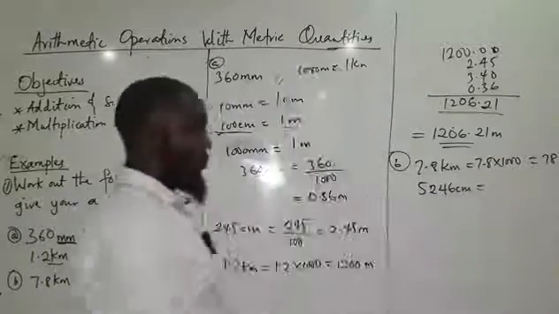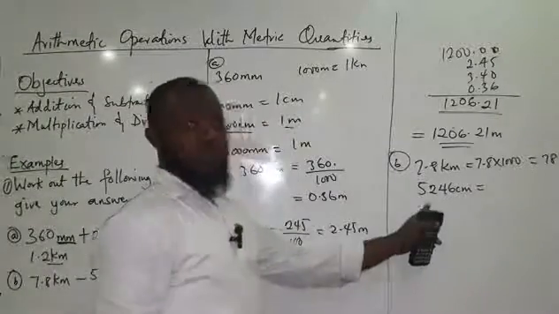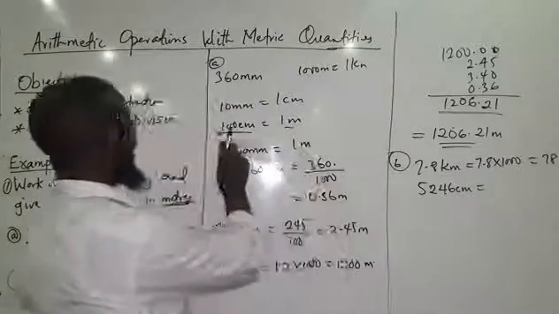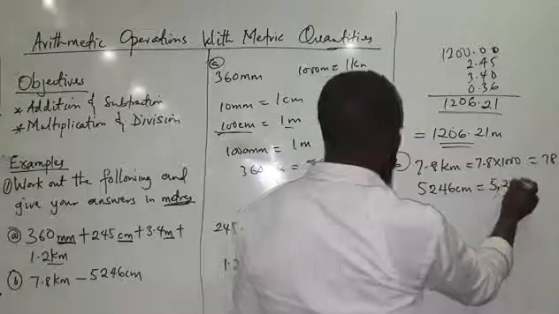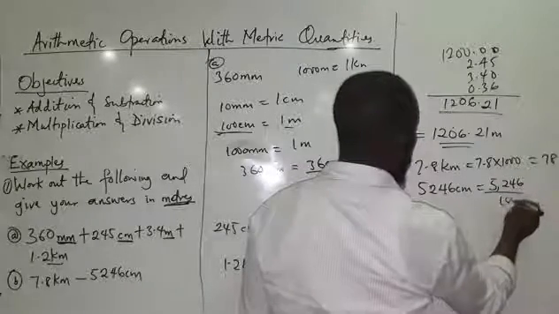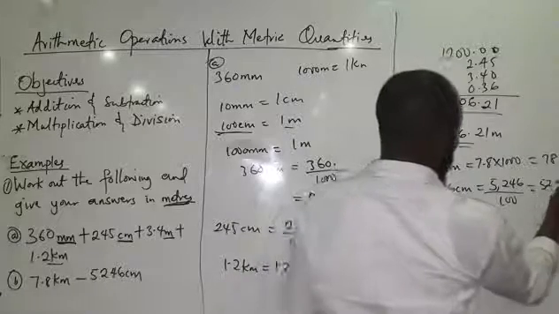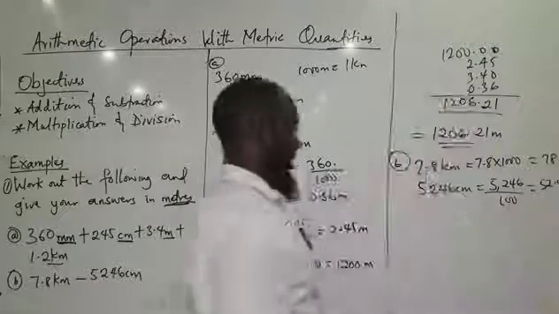We also convert this one to meters, so divided by 100, because we are moving from a small unit to a big unit. 100 centimeters is equal to 1 meter. So 5,246 divided by 100 gives us 52.46 meters. I hope this is clear.